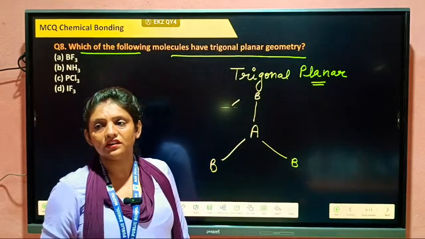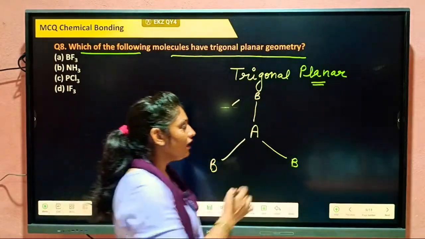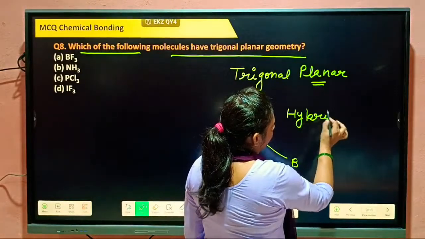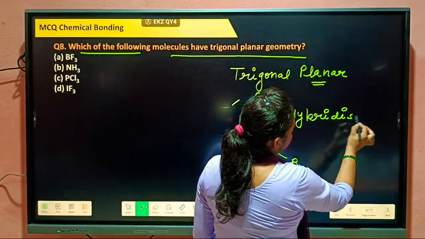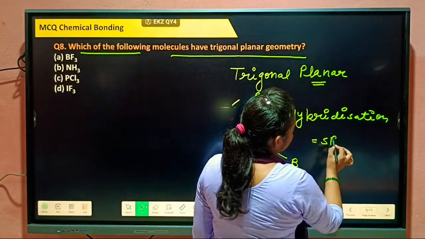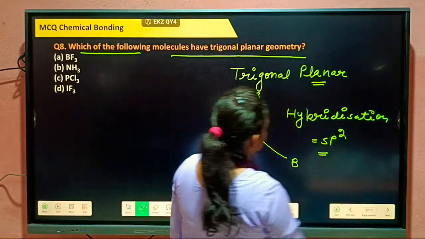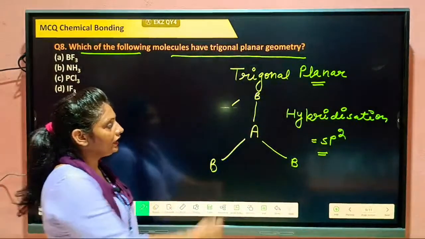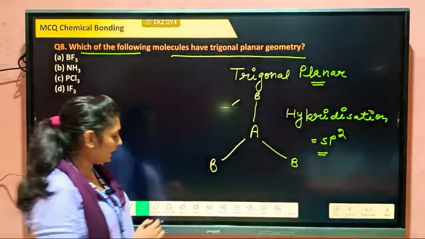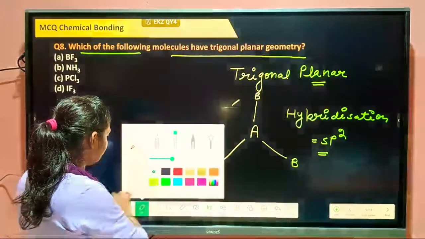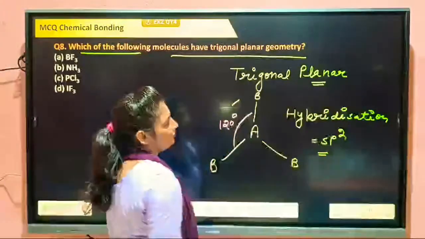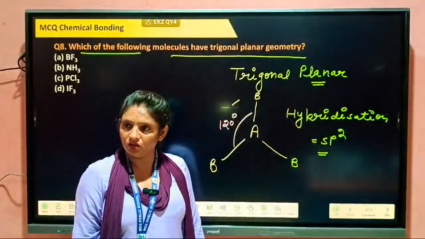And you know very well, students, when hybridization is sp2, then geometry will be trigonal planar. Clear or not? And what should be the angle between them? Angle will be 120. Clear or not?